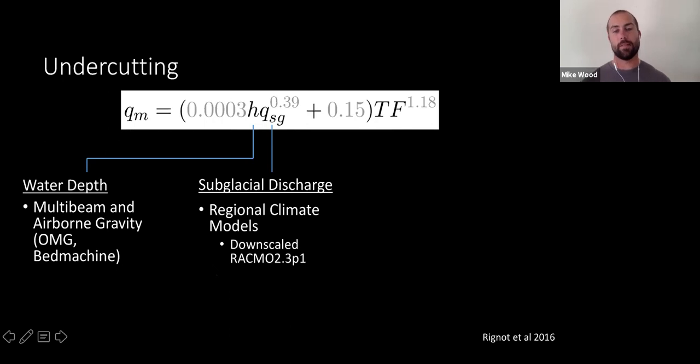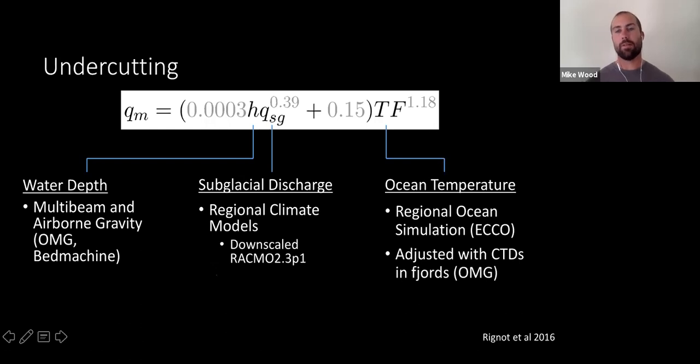And for this study, we use the downscaled RACMO 2.3 P1 regional climate model. And finally, of course, the melting depends on temperature, or in this formulation, it's specifically the ocean temperature relative to its freezing point. And for this, we use a combination of ECCO simulations and we adjust those to match CTDs, particularly in the fjords where the ECCO simulations do not resolve circulation.